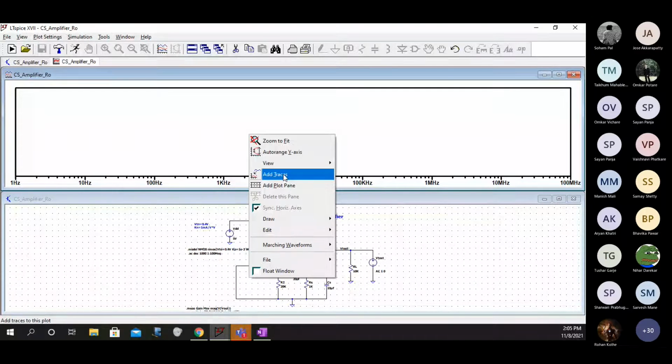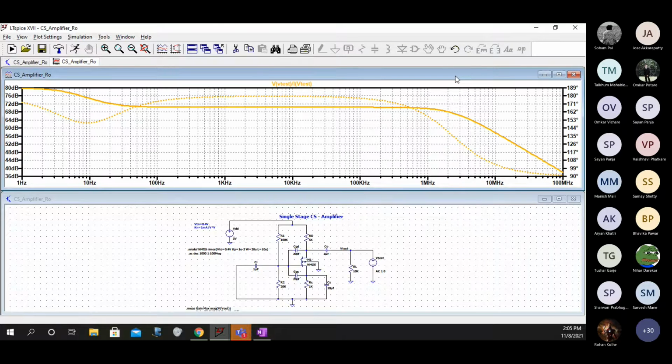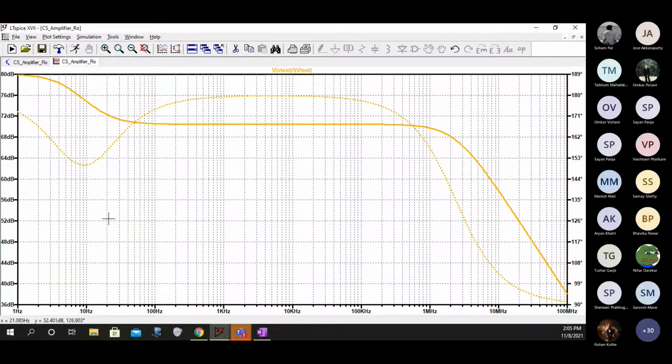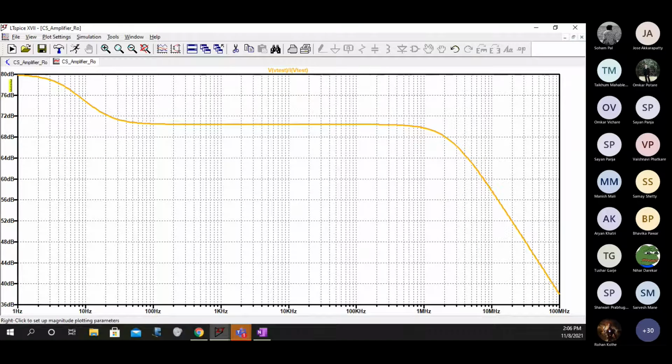I'll add trace. So V test divided by I of V test, and you will get this funny plot. First you get rid of this dotted line, which is the phase. Don't plot phase. But now I know that my output resistance has to be in ohms.